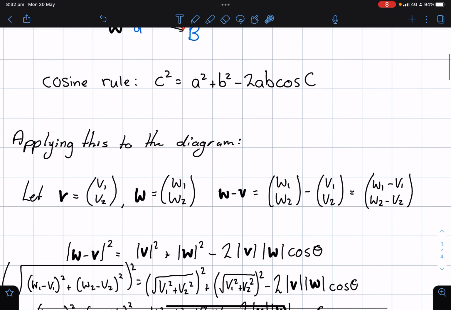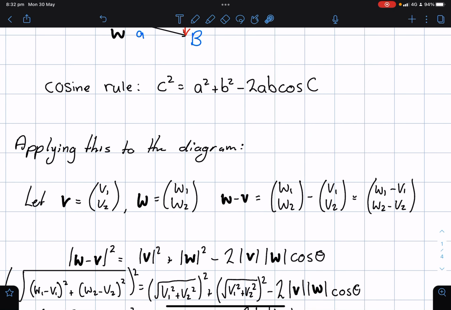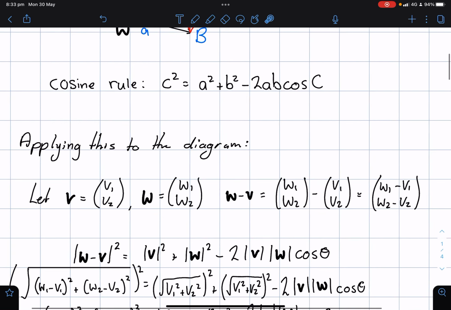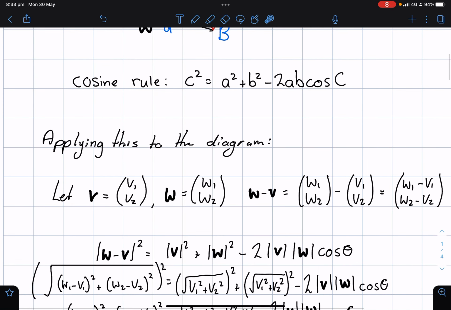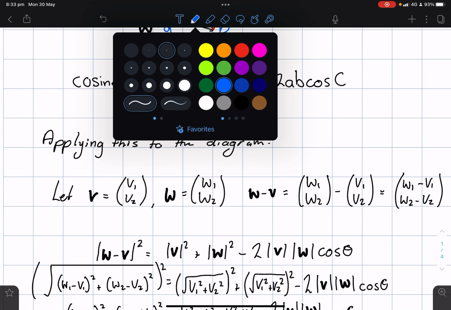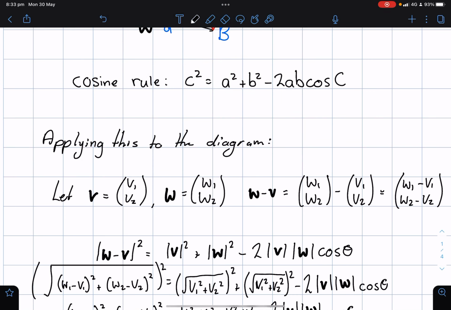Now, hopefully you remember that the magnitude of a vector is the horizontal component squared plus the vertical component squared, square root. So I have substituted that in my equation here. So this here is actually the magnitude of w take v, the magnitude of v, and the magnitude of w. Sorry for the ugly w's, but you're going to have to deal with it.